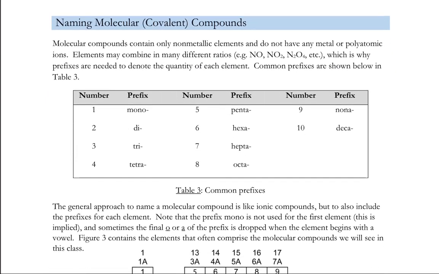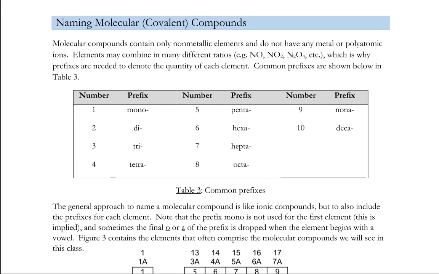How to name molecular compounds? It's those, the non-metal ones, where we end up with those prefixes mono, penta, hepta, and so on. So again, molecular compounds contain only non-metal elements. And in the example here with nitrogen and oxygen, we can have NO, NO2, N2O4, N2O5.